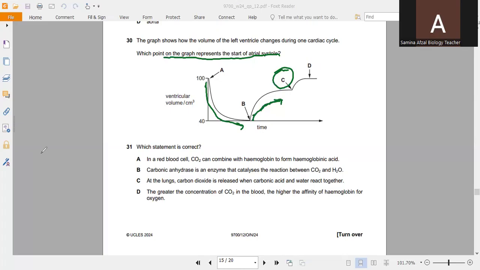Next, which statement is correct? They have given us 4 statements. In a red blood cell, carbon dioxide can combine with hemoglobin to form hemoglobinic acid. This is not the correct statement, because when carbon dioxide combines with hemoglobin, it forms carbaminohemoglobin.